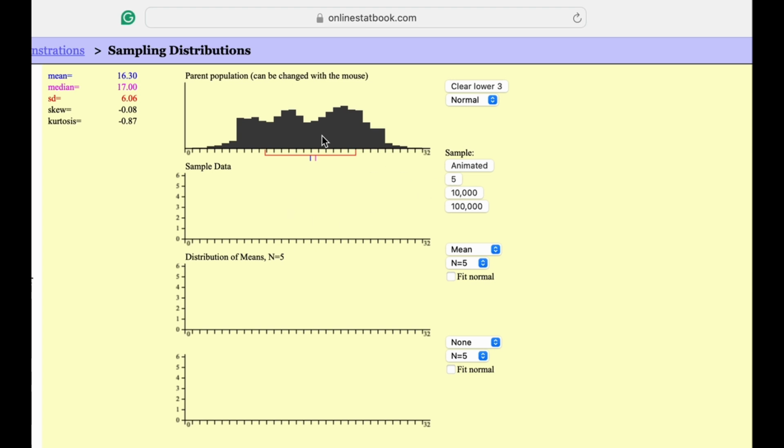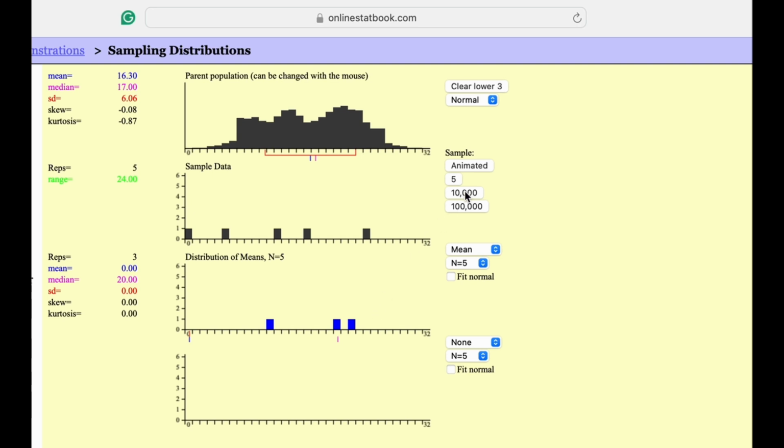Let's say I pick 5 random values from this distribution: 1, 2, 3, 4, 5. In blue, it calculates their mean and puts it here. If I keep doing this, another 5 samples, another average, and so forth, slowly we see these green blocks building up our sampling distribution.